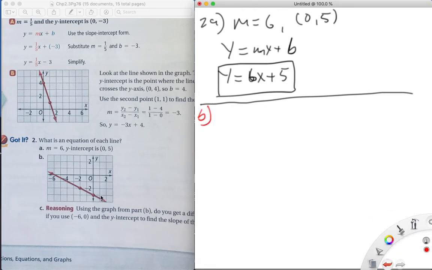In terms of the equation for b, we have a y-intercept at (0, -3), so that's one of our coordinates. This is our y-intercept.